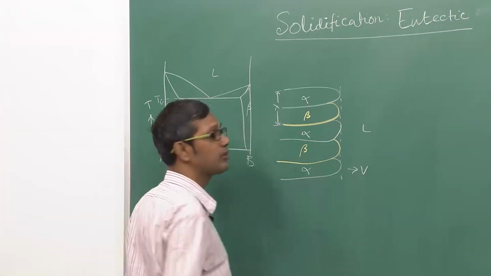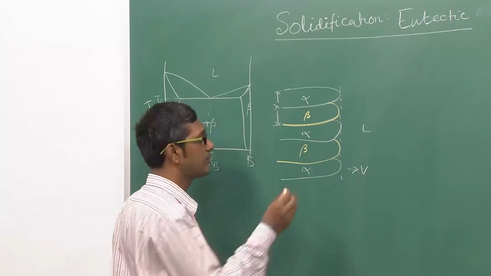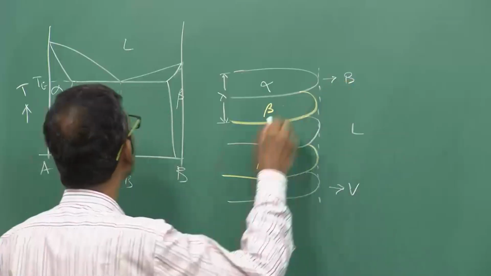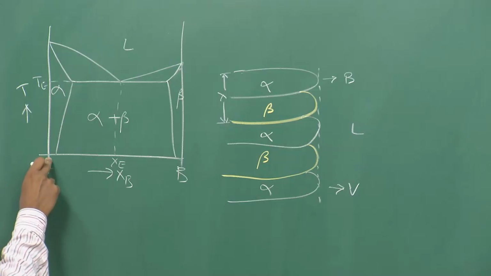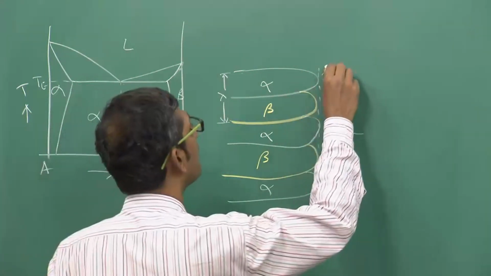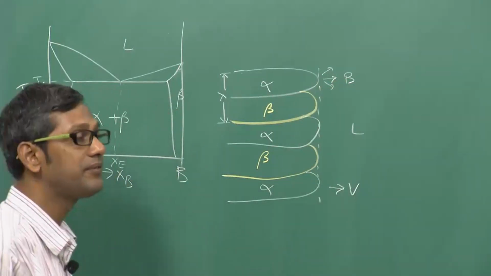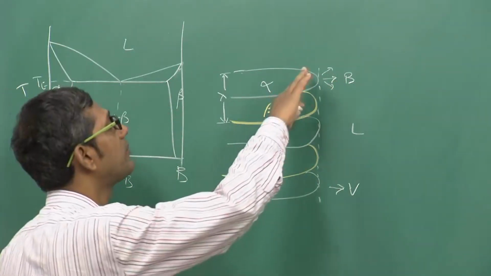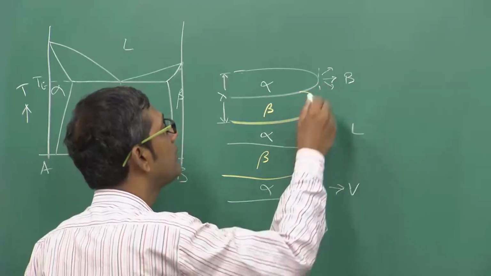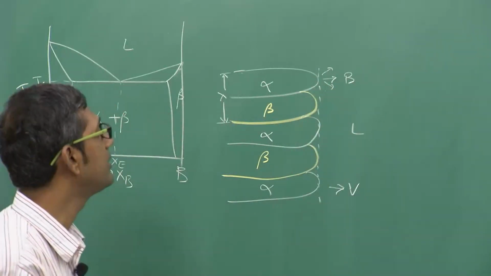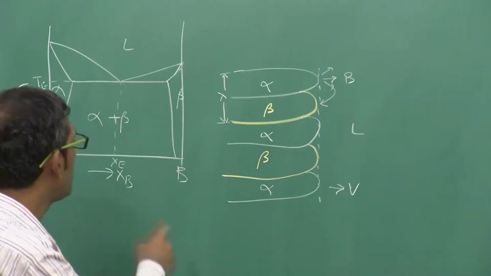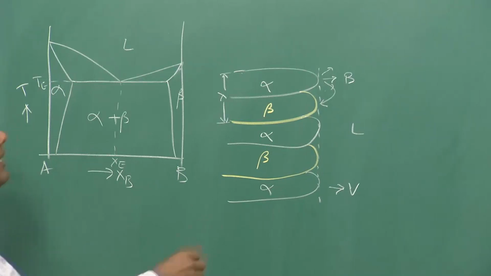As you have seen in the earlier lecture, alpha growth requires rejection of B because alpha is A rich, as you see in the phase diagram. This B which is ejected by alpha must diffuse away from the front of the alpha into the liquid, or basically the B which is rejected by alpha will be required for the growth of beta because beta is B rich.